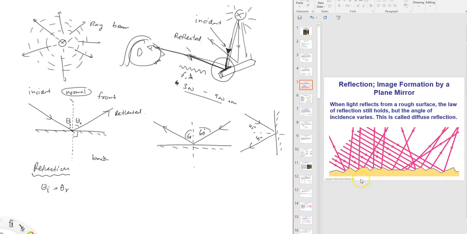Even if it looks like a very smooth flat surface, there are microscopic bumps, unevenness. Here we see a parallel beam of light coming in. If it is a very smooth surface, it should reflect parallelly. But because of this unevenness, the incident angle changes from point to point, so the reflection changes. So they reflect in random directions. This is called diffuse reflection.